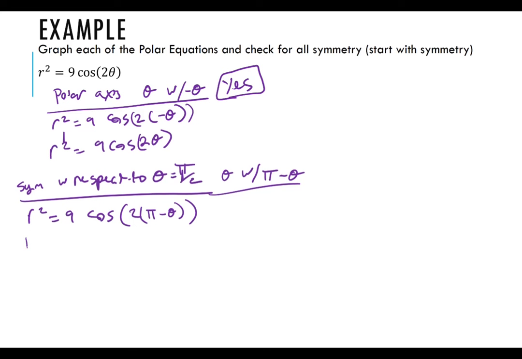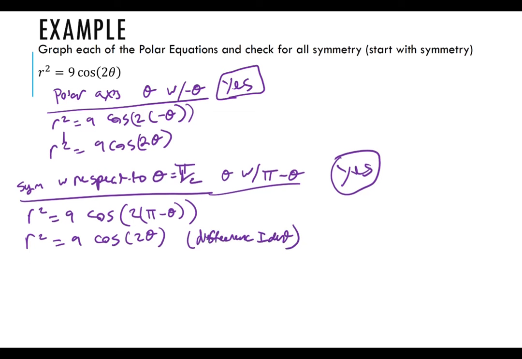So I'm going to skip it for now. And we get that r squared is equal to 9 cosine of 2 theta. And yes, that works. Then, if we want to know symmetric with respect to the pole, or the origin, that's going to be to replace theta with theta plus pi.